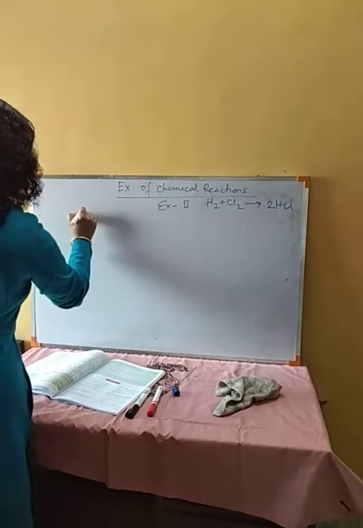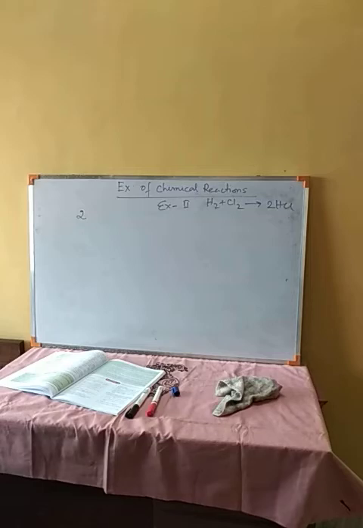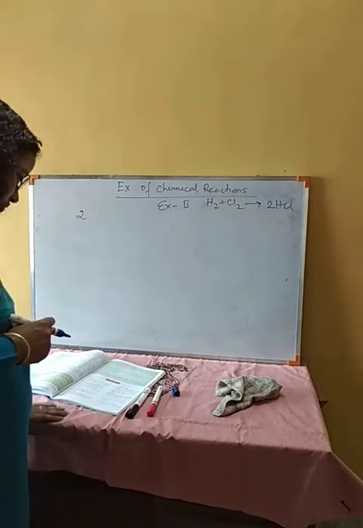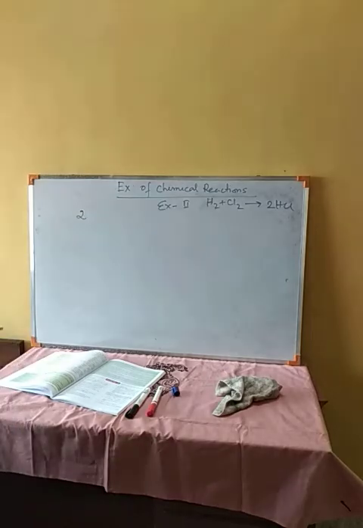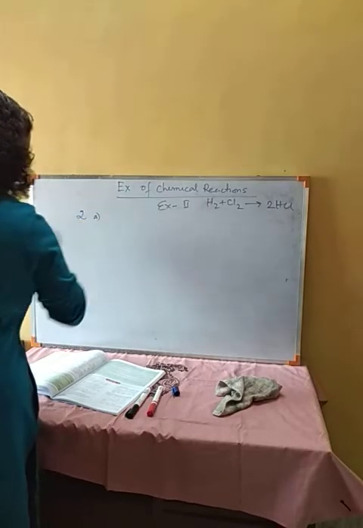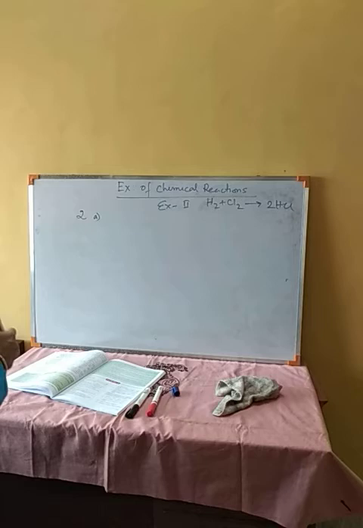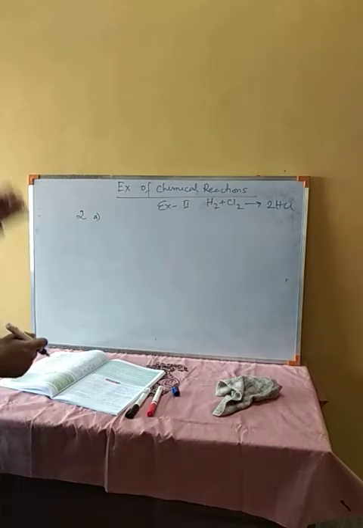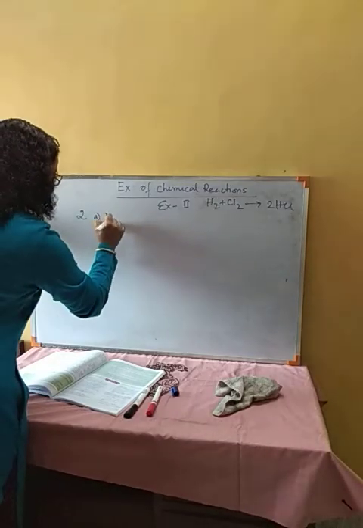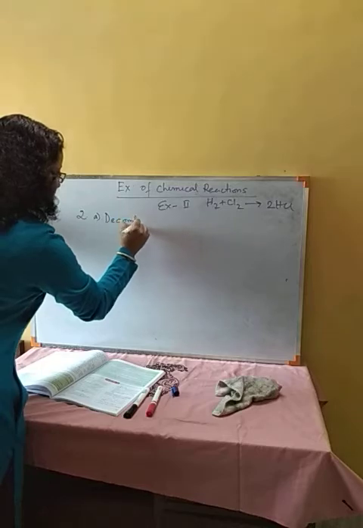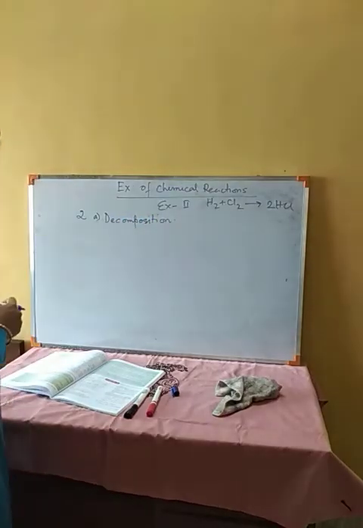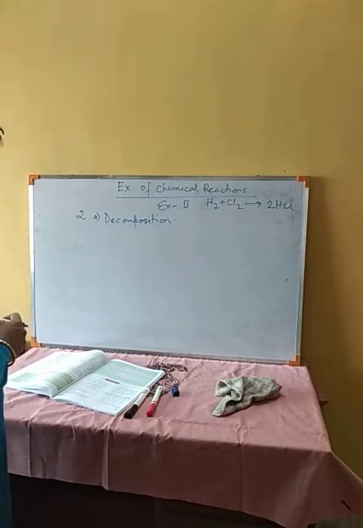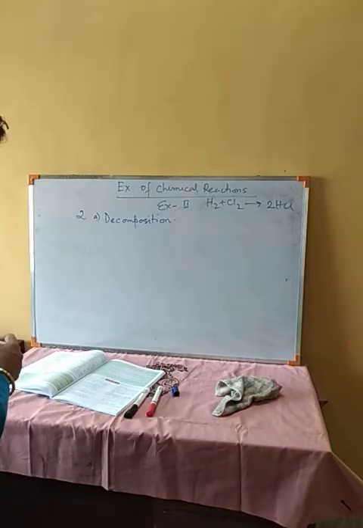Question number 2. Classify the following reactions as combination, decomposition, displacement, and so on. The first one, calcium carbonate under heat will produce calcium oxide and carbon dioxide. So this is a decomposition reaction. And we have to balance this.